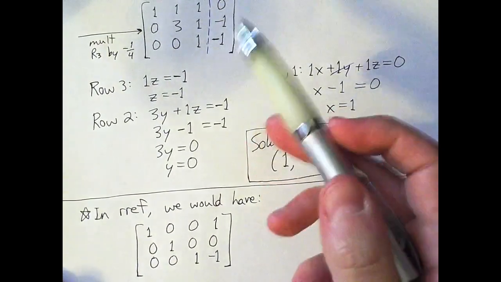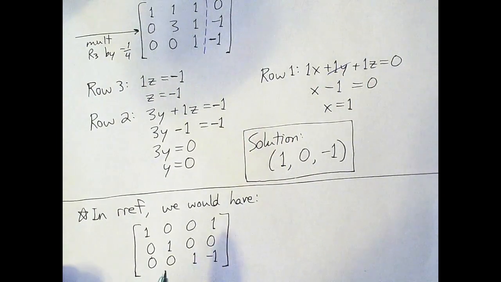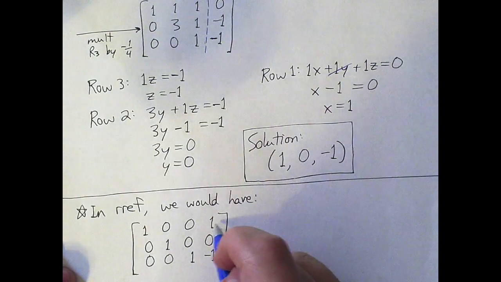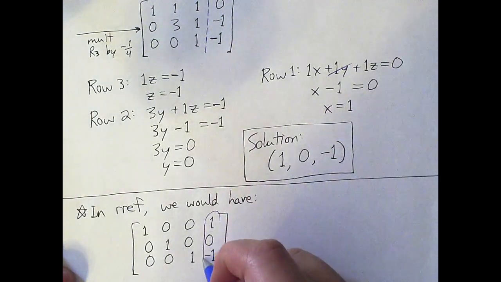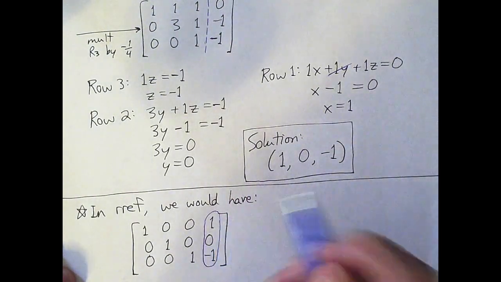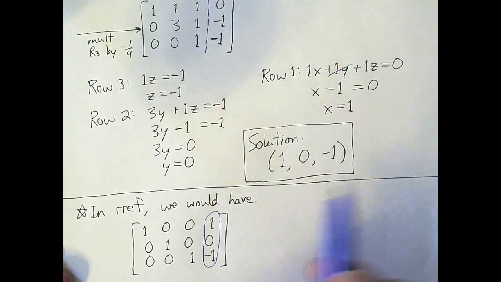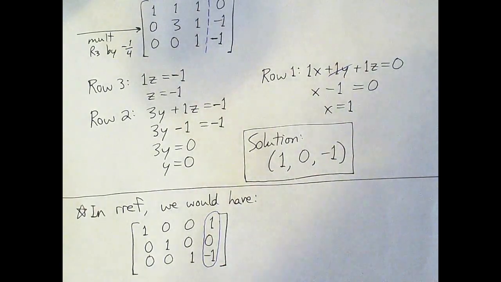You can look at the matrix I have above. You'd be able to reduce it further. You'd get this, and then you would look at the final column, and that would give you X, Y, and Z. You can do that if you want. This problem didn't say you had to.